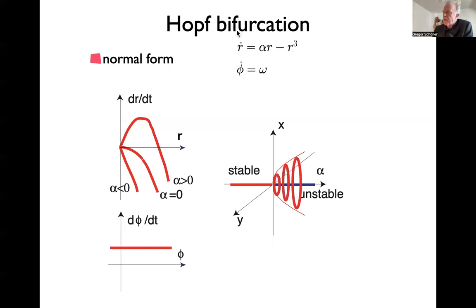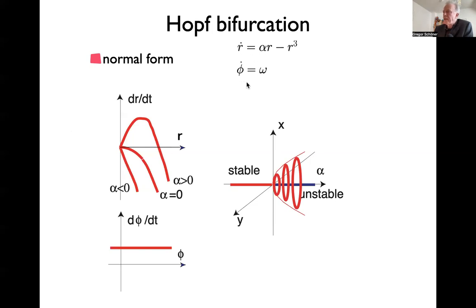In the radial direction, so the amplitude direction, you have the pitchfork. I didn't plot the negative part because r is a positive number, right? The distance, the radius, is only a positive number. And so that's from the pitchfork. So you either have an attractor at 0, or you have a repeller at 0 and an attractor at r.